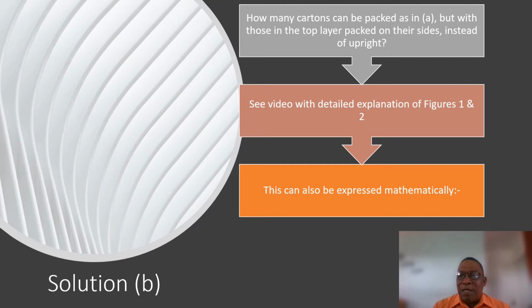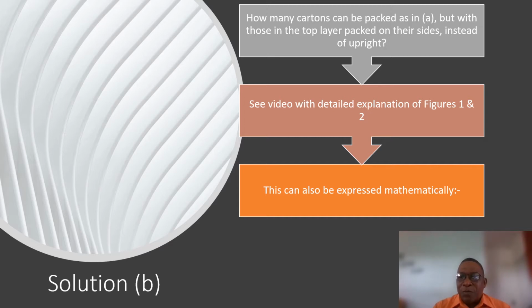Now, what B is telling us to do is first to remove those that are packed on the top layer, pull them out of the container, and then repack them on their sides. There's another video that I've done giving a detailed explanation, which we call figures 1 and 2, that you can go and have a look at to get a clearer understanding of this.